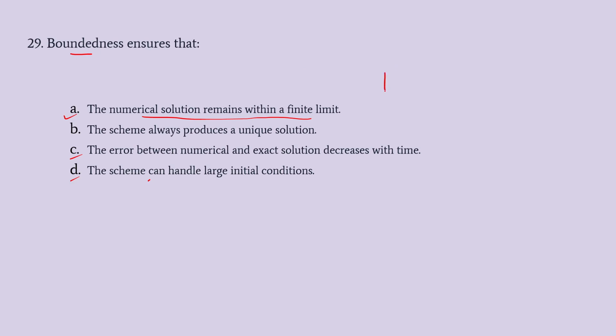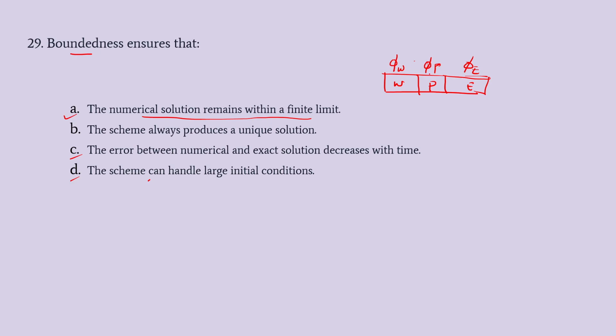So for example, if we have three different cells, this is P, this is west, and this is east, then the value at phi of P should be in between phi of W and phi of E.